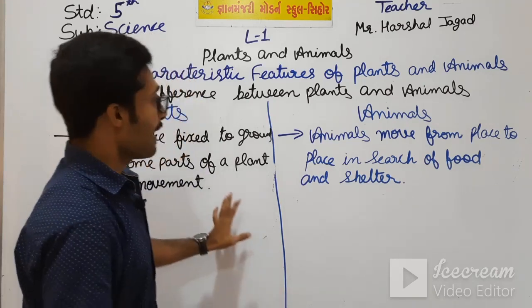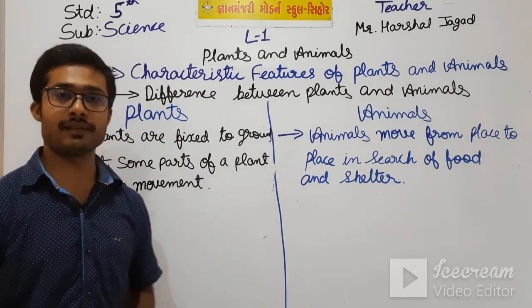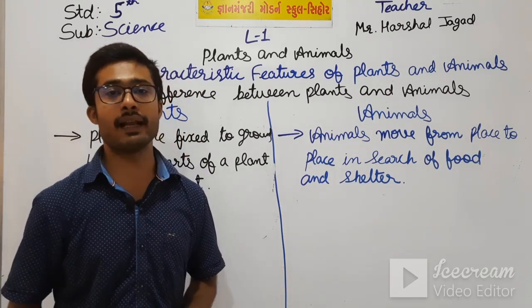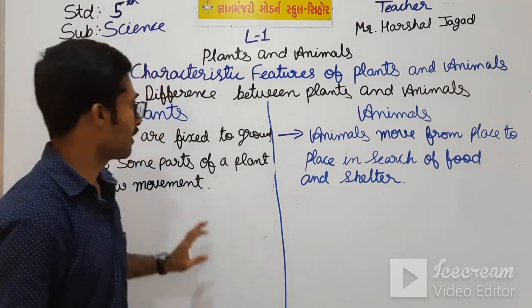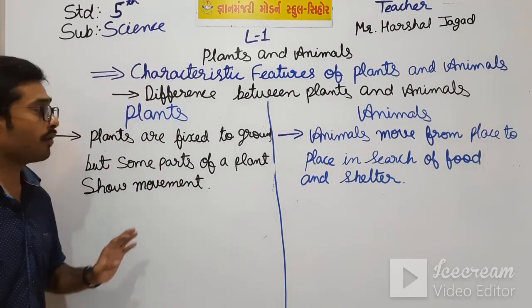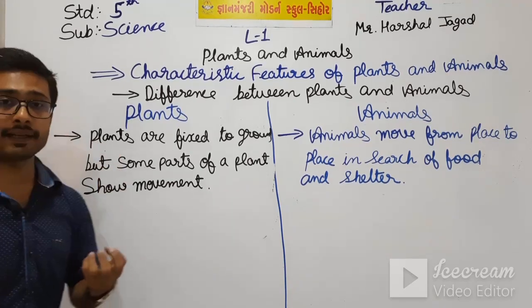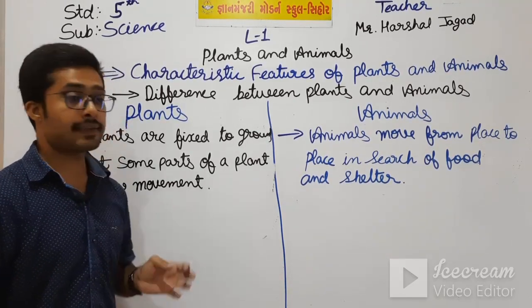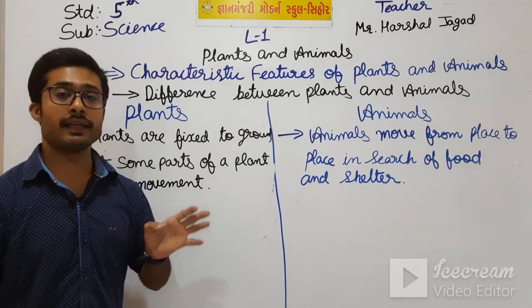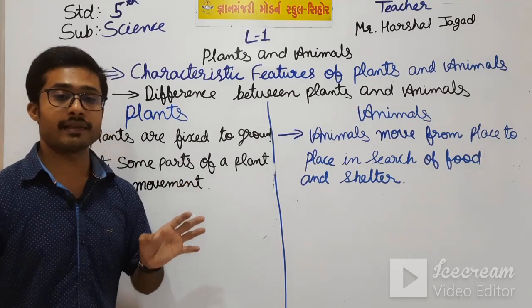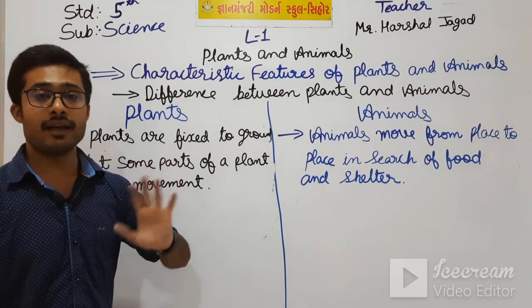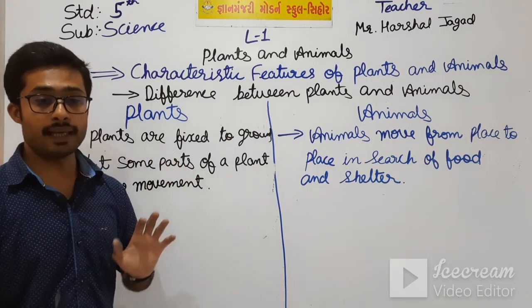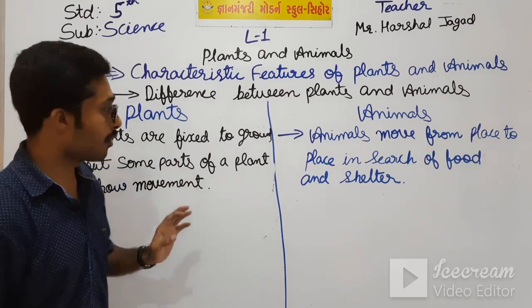As we all know, most of the animals have legs, so they can move. But the plants don't have legs, so the plant is fixed at the position to grow. But as the plant grows, some of the parts like branches or leaves move due to the air and other things also.